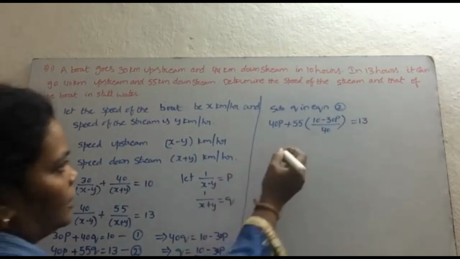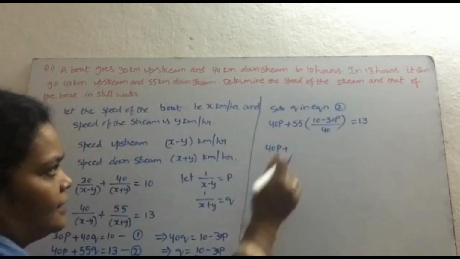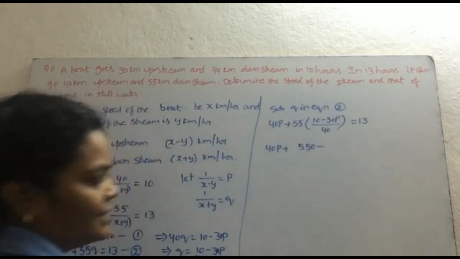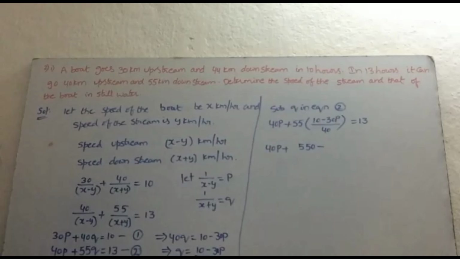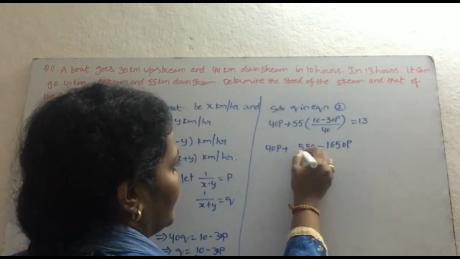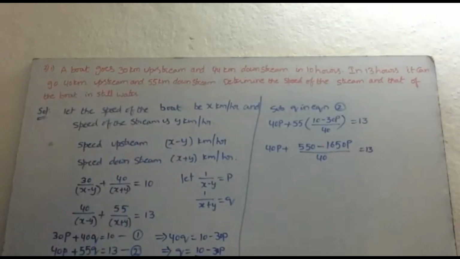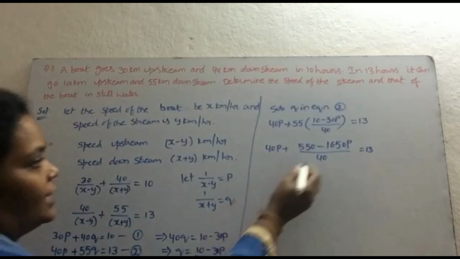Next, 40p plus 55 into 10, 550 minus 55 into 30, 1650p by 44 equal to 13. And take the LCM and transpose the 44 to that side.